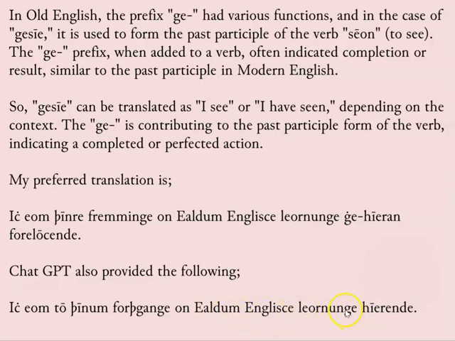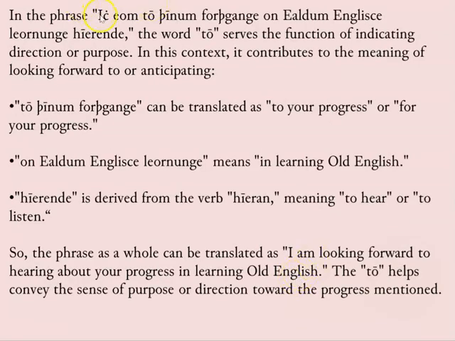Okay, here in the accusative, although eldum is dative, but anyway, that's what it gave me. In the phrase "Ich tol thinam gange on eldum Englische lernunge hier rende", the word "to" serves the function of indicating direction or purpose. So in this context, it contributes to the meaning of looking forward to or anticipating.